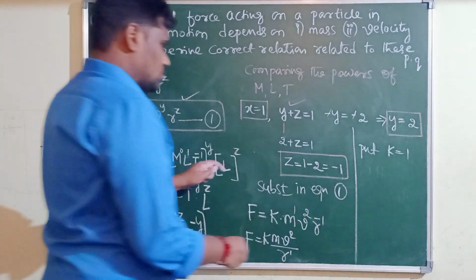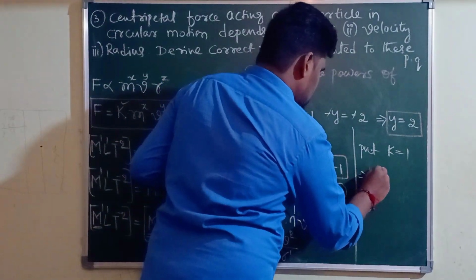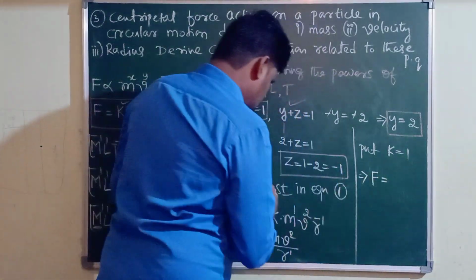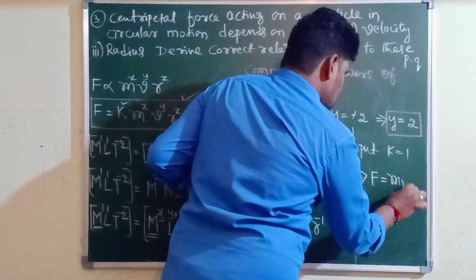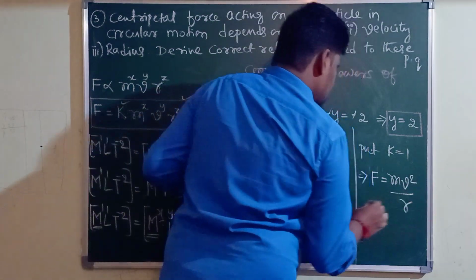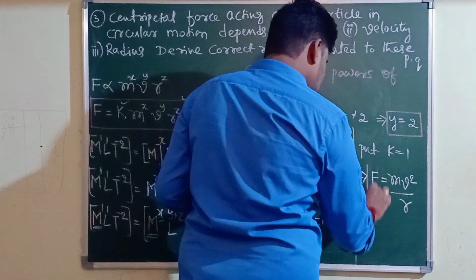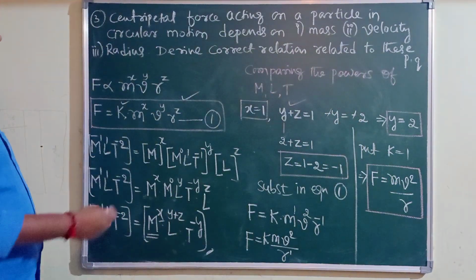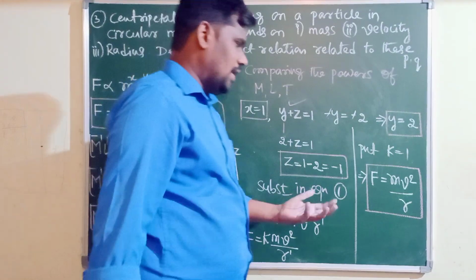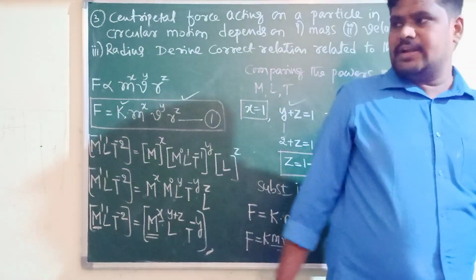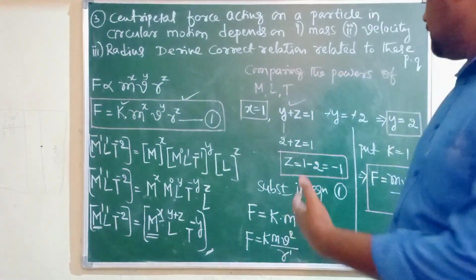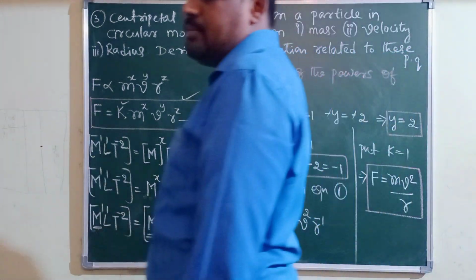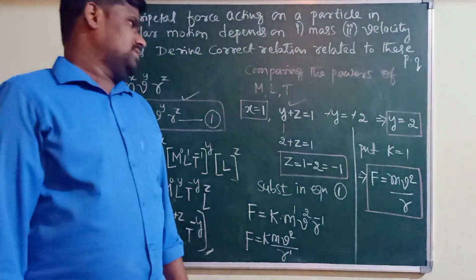K equals 1. Then this implies F is equal to what? mv square divided by r, which is the formula for which force? Centripetal force. The centripetal force formula can be determined with the help of what? Dimensional analysis.